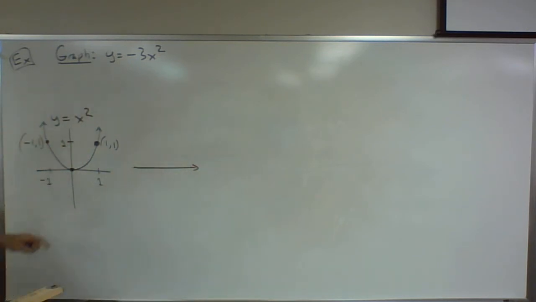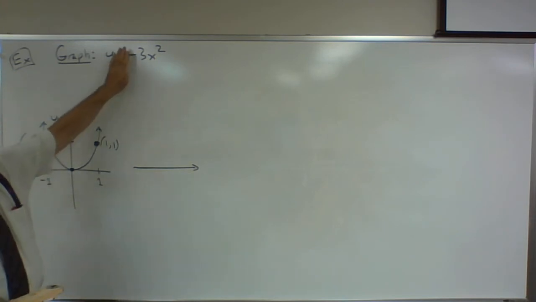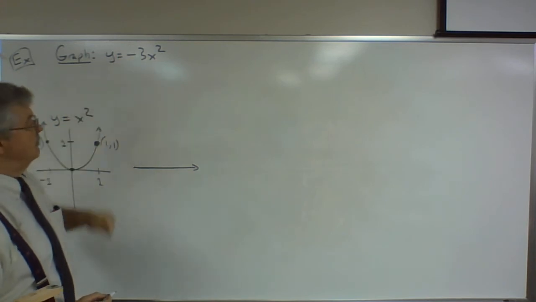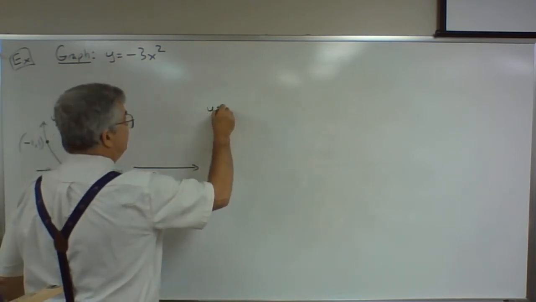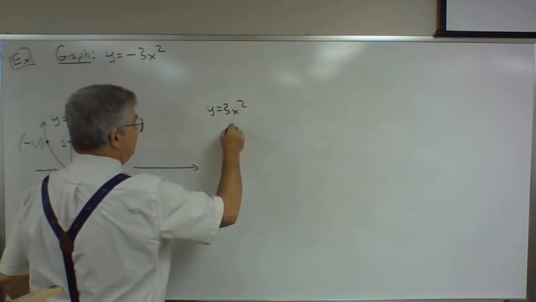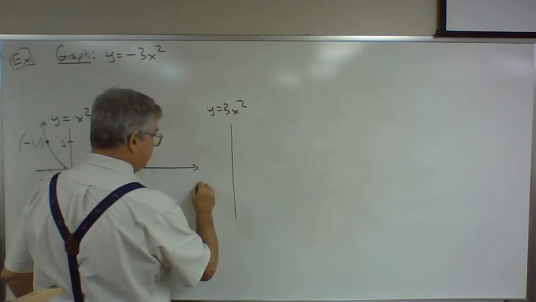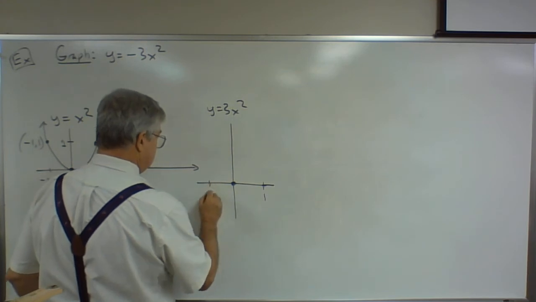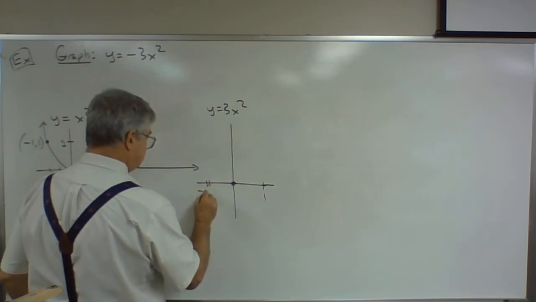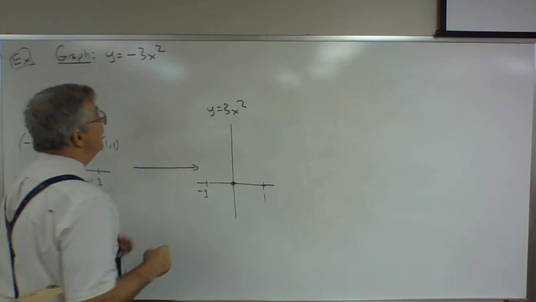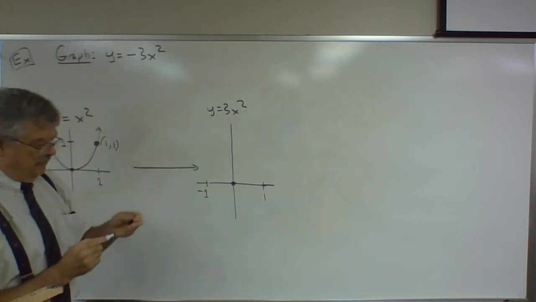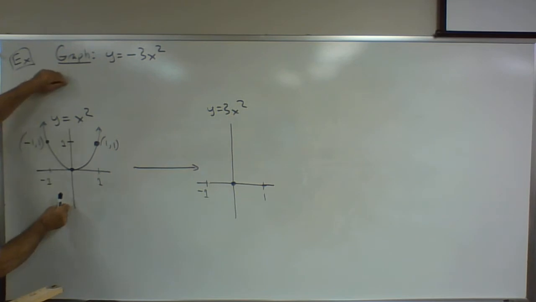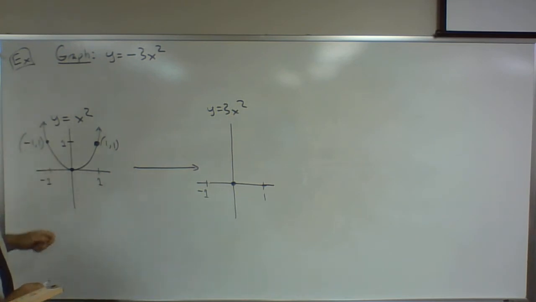Now what I'm going to do is take this graph and get the graph of y equals 3x squared. And what happens here? Isn't it true that I just stretched this graph out vertically by a factor of 3?